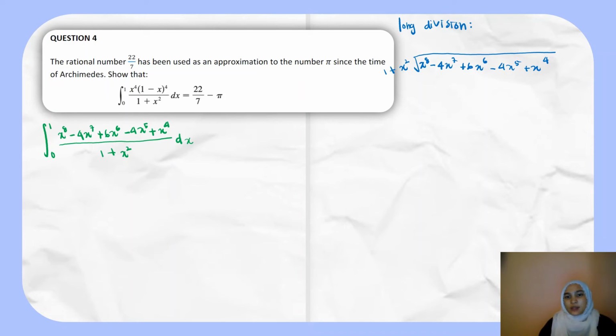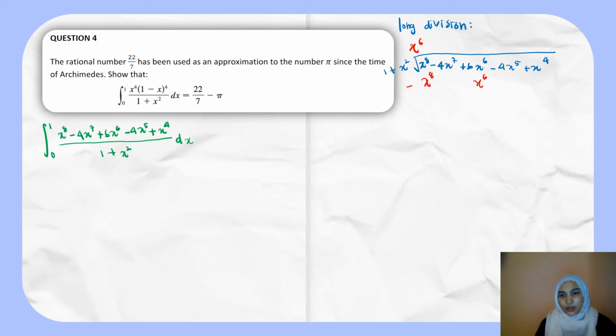So first things first, you have to divide x to the power of 8 by x squared right here. So you will get x to the power of 6. Then multiply with this term. So you will get x to the power of 8 plus x to the power of 6.